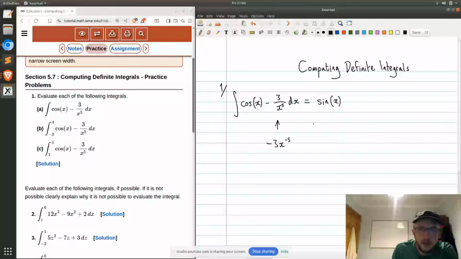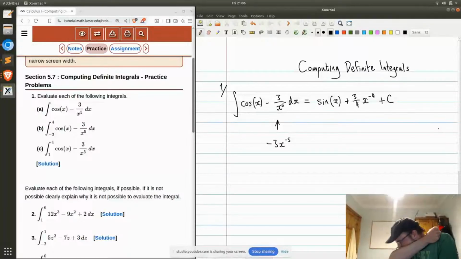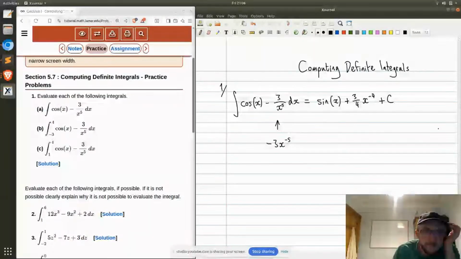So add 1 to the power and then divide by it. Excuse me. Okay.